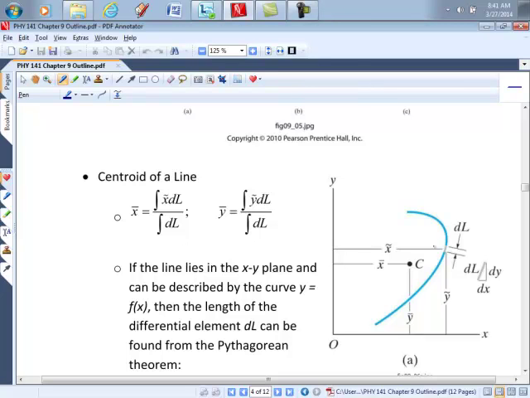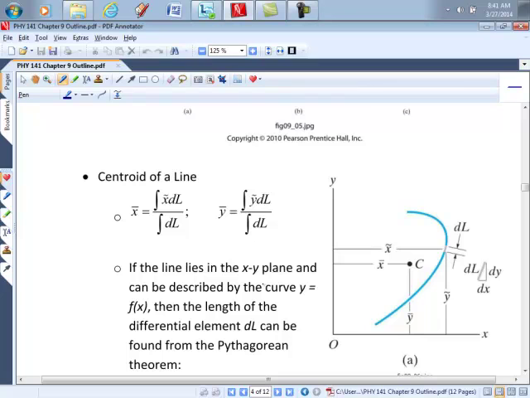So the moment about the x-axis for this differential point would be x tilde times the length, because it would have a uniform mass per unit length. And then we would add up all of those moments, and then we would divide by the entire length of the wire, or whatever the piece is.